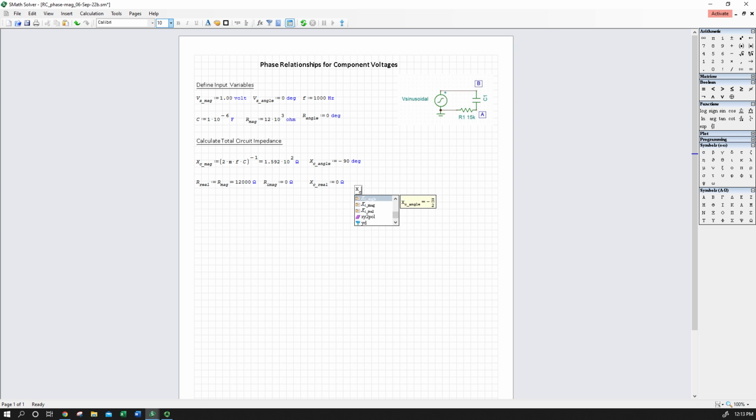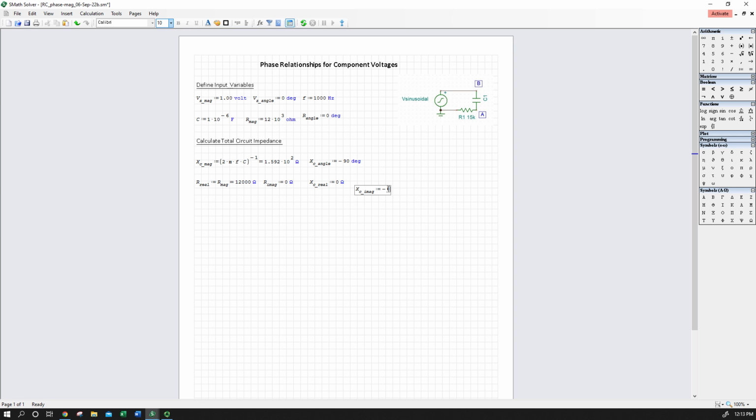And X sub C imag is all of it, but I'm going to use a negative symbol to indicate that the imaginary component is negative. And that's what defines that negative 90 degree phase angle. So it's going to be negative times the entire magnitude.